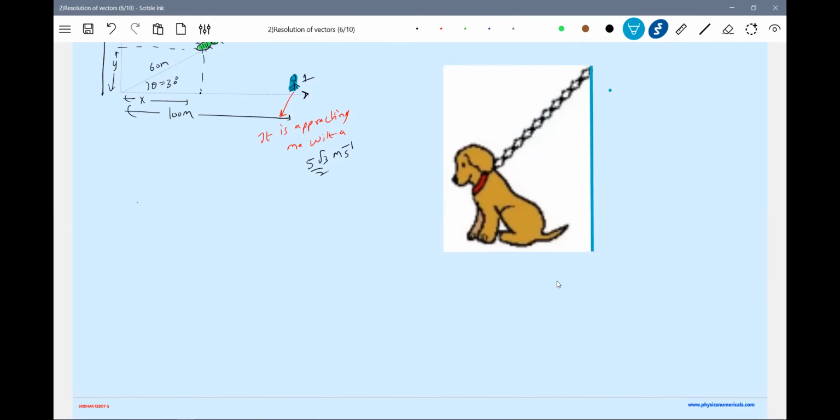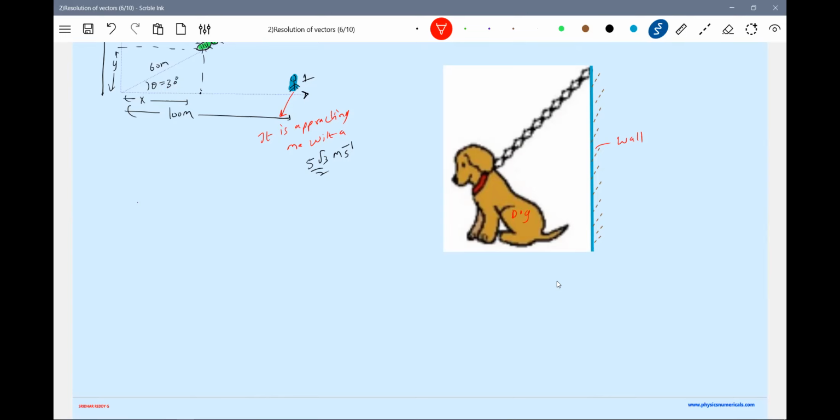I'll put a wall. This is the wall. Oh, something bad happened. Oh, no. The dog, what will it do? It will try to move away from the wall. Usually they don't keep quiet.